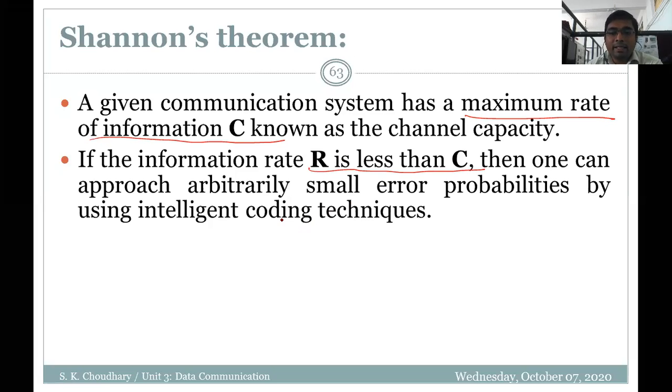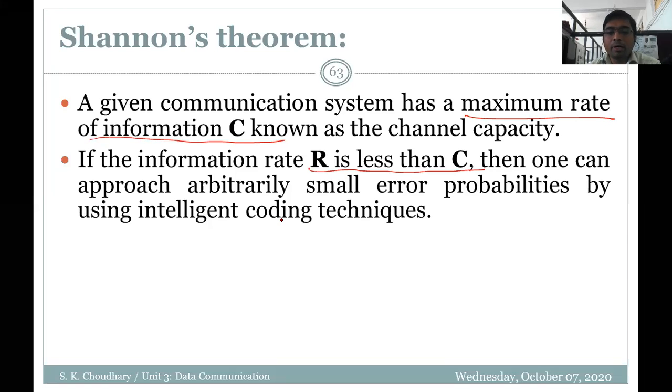If the information rate is less than channel capacity and you want to send information with a small probability of error, you have to use some intelligent coding techniques.